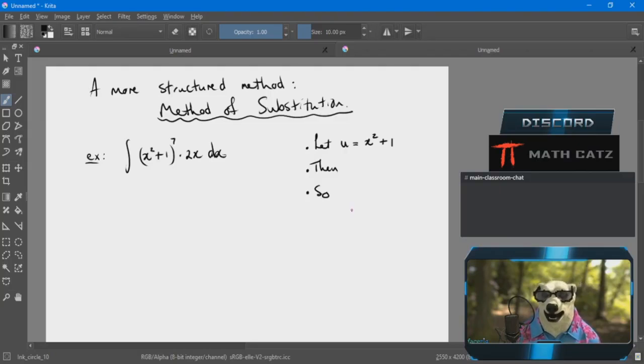It doesn't have brackets and stuff like that, but it's always going to be an inside function as my choice for the substitution. Then I'm simply going to take the derivative of this inside function. So du dx is 2x.